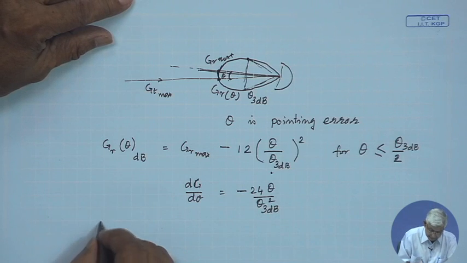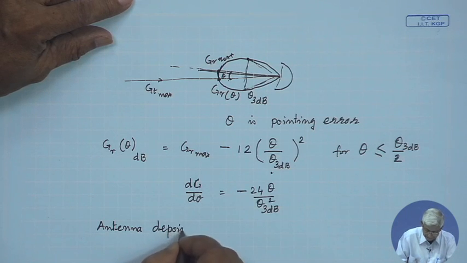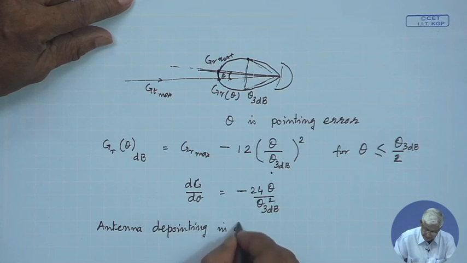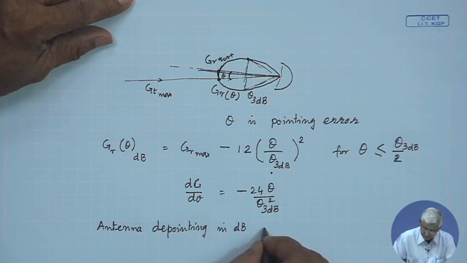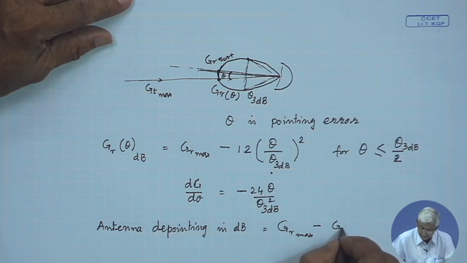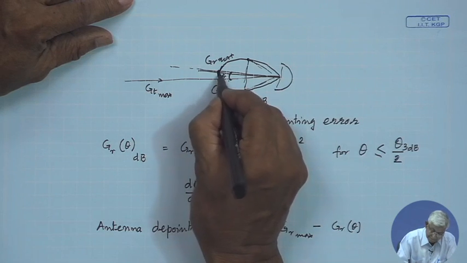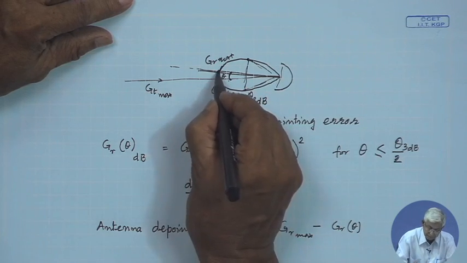Now, this antenna pointing loss, or antenna depointing, whatever you call, in dB is GR max minus GR theta, this value. This is the reduction from here to here.